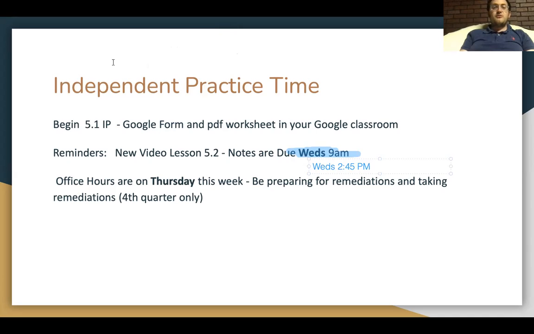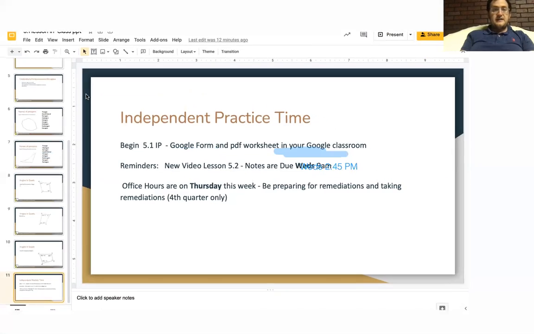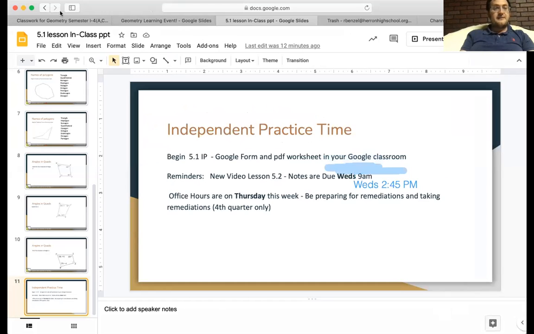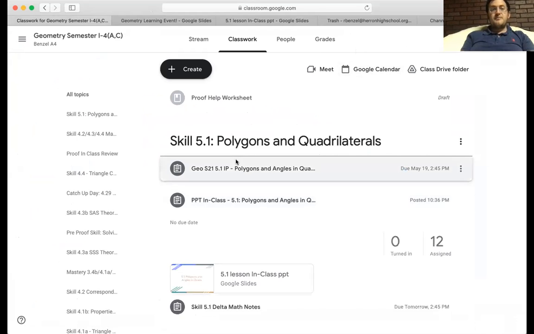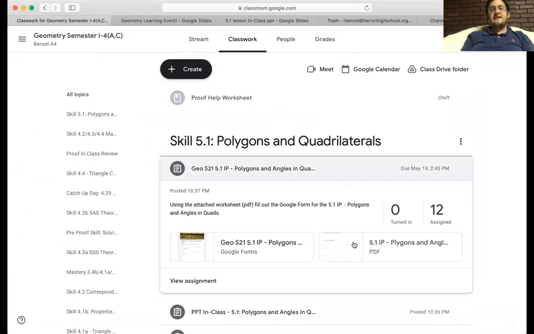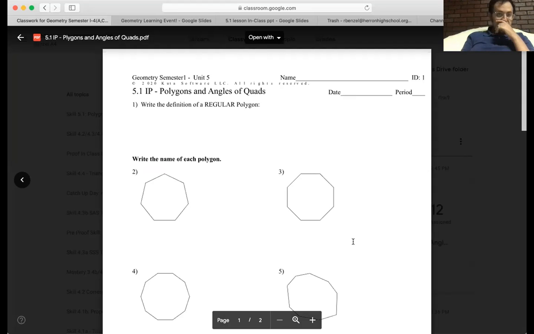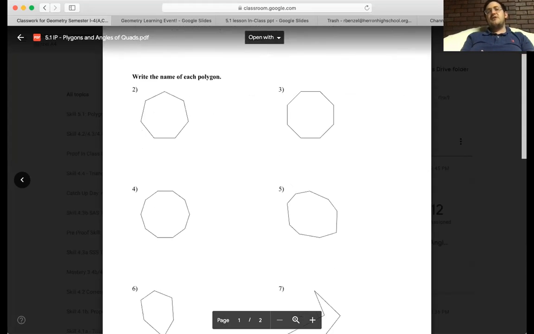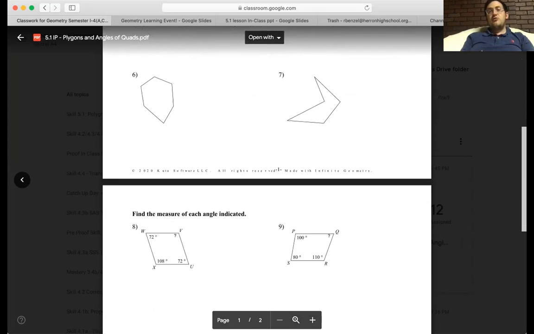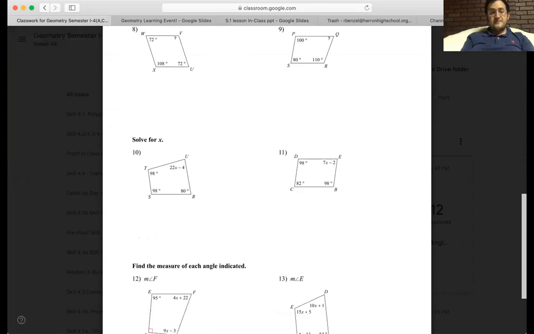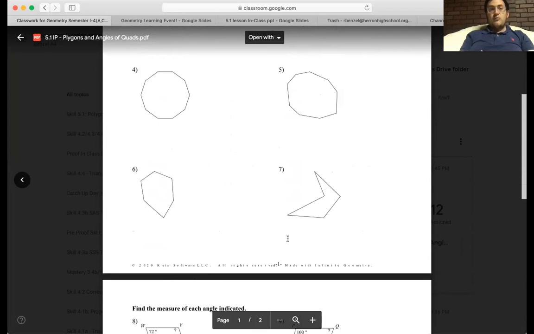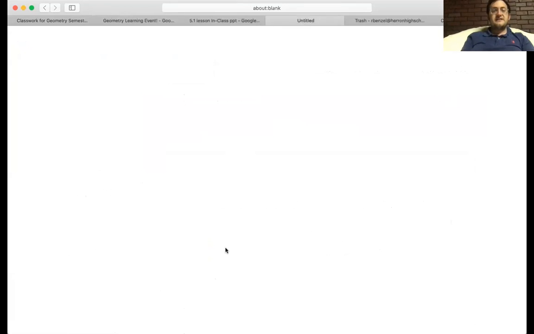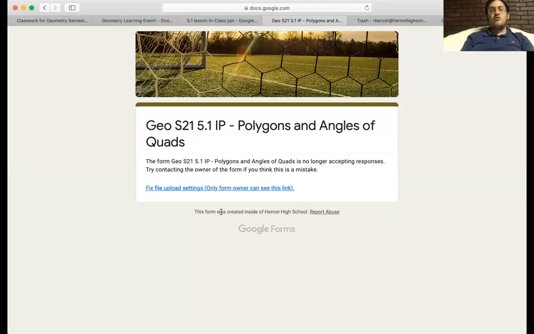And let me just show you where we need to go in our Google Classroom and how the IP will be working for today. Basically, the IP will be a Google form for today. So I encourage you to either open a Word document or a scrap piece of paper, and you're just going to answer the questions. And then I want you to take these answers and put them on the Google form.